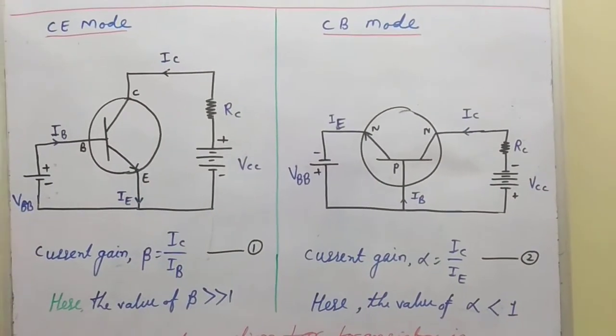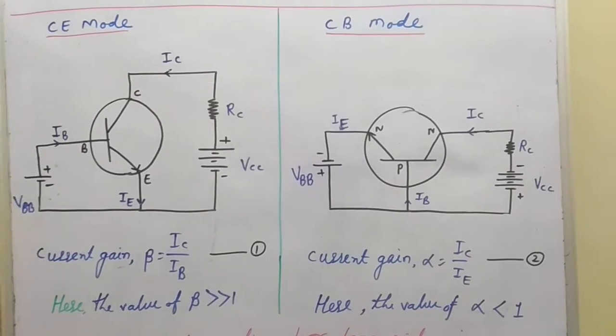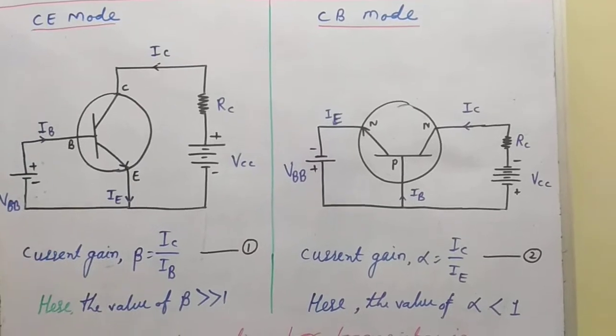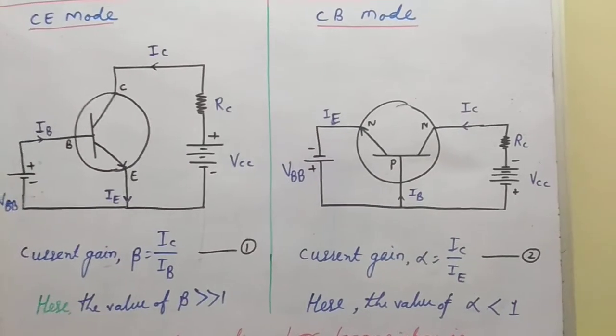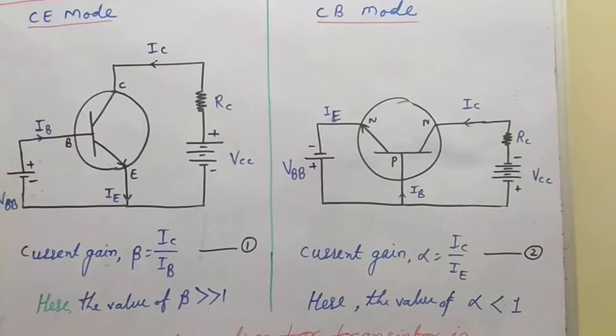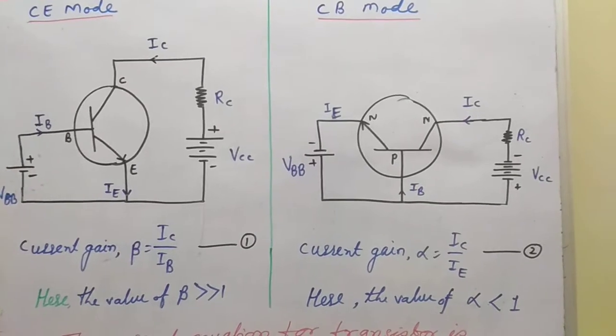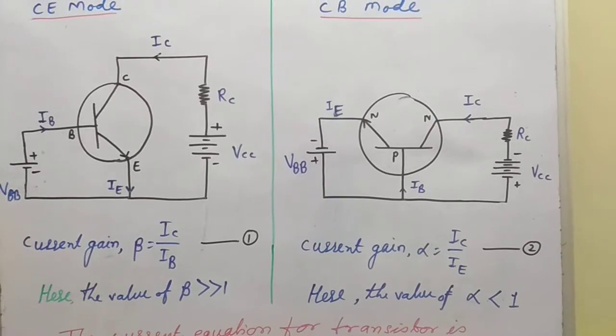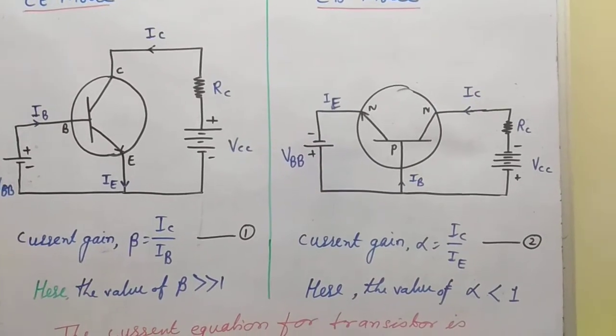that when the transistor is connected in common emitter mode, the output current is the collector current and the input current is the base current. So the current gain beta is given by beta is equal to output current IC upon input current IB.